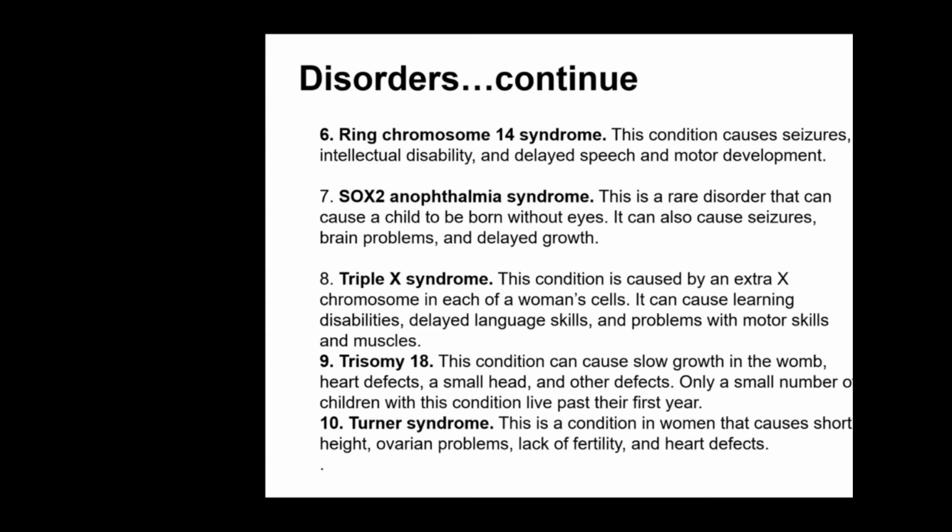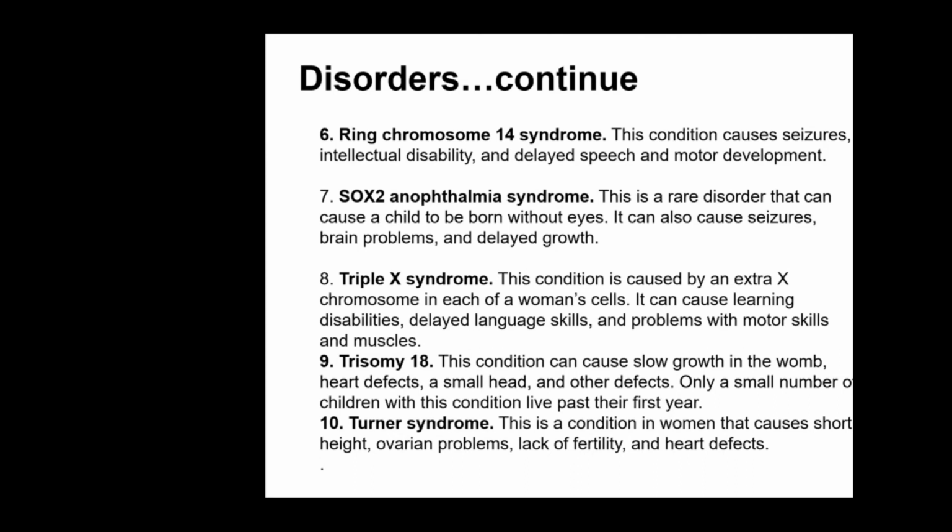We have trisomy 18, also caused by mosaicism. This condition can cause slow growth in the womb, heart defects, a small head, and other defects. Only a small number of children with this condition live past their first year.